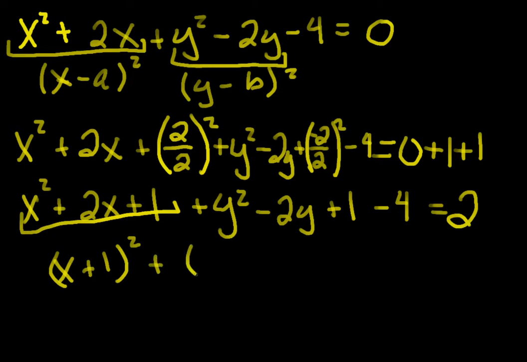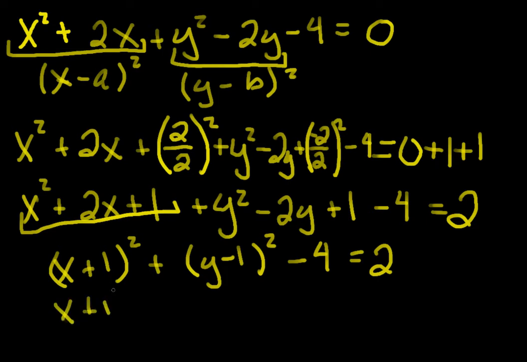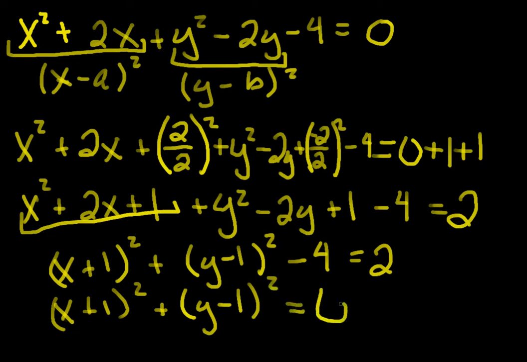So I get y minus 1 squared. And then I still have a minus 4 equals 2. And so much closer. So finally I can say this is x plus 1 squared plus y minus 1 squared. And if I bring the 4 over, this is 6.